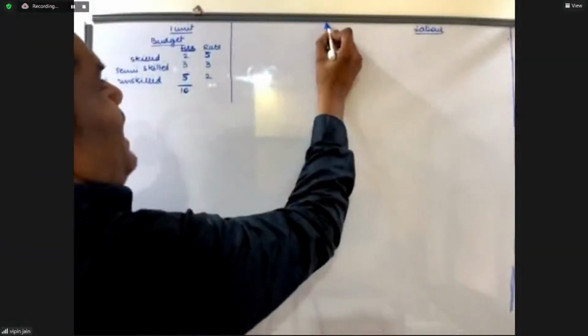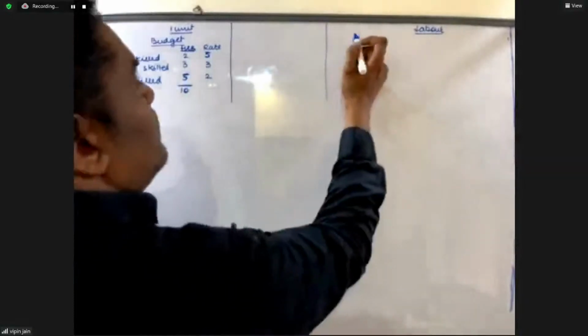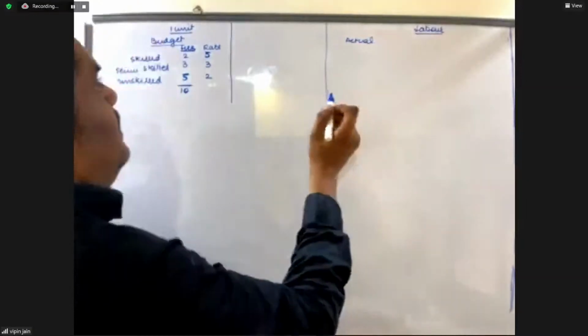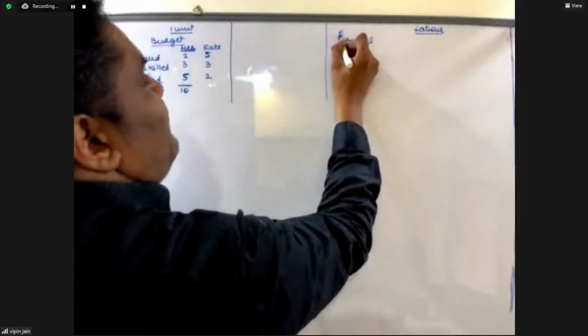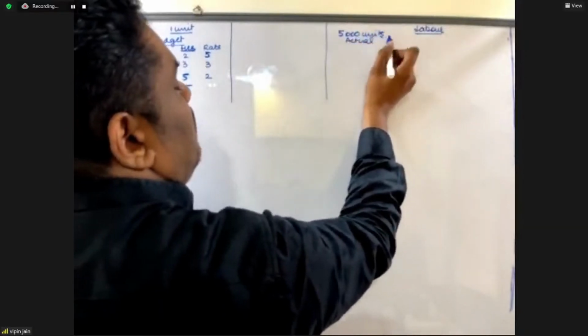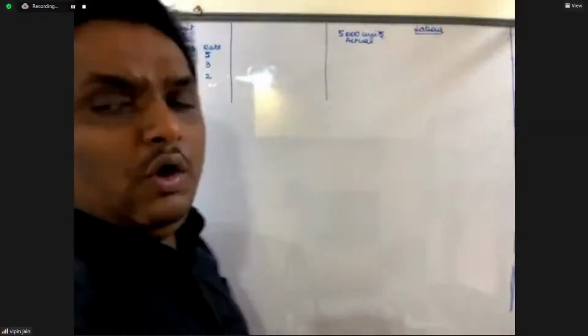Further, when talking about the actual data, let's say the actual output was 5,000 units.